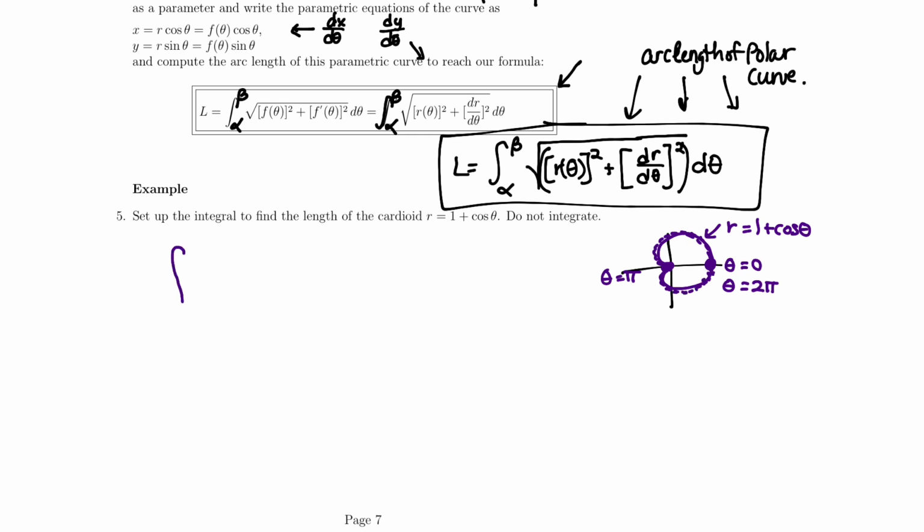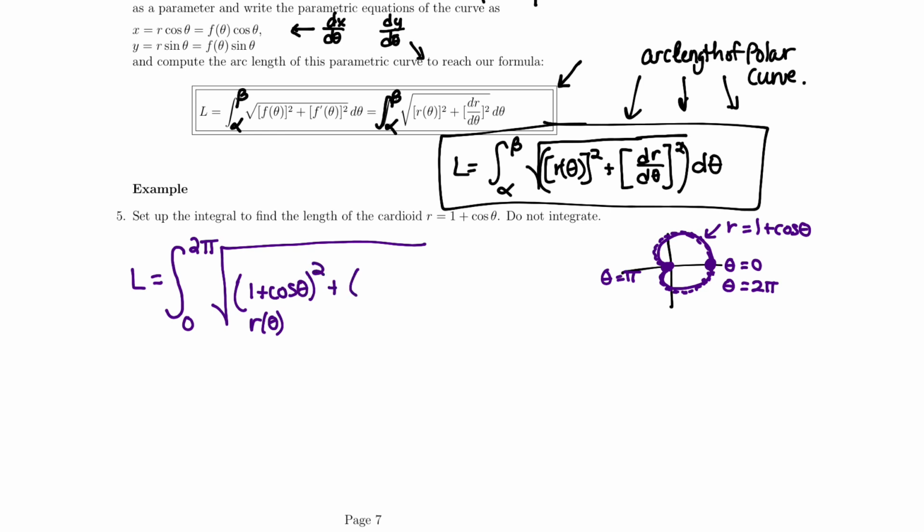So to go the entire length of that curve, we're going to go 0 to 2 pi, right? And then we're going to put into it the square root of our function, which is going to be 1 plus cosine theta, squared. And then we're going to put our derivative, which is dr/d theta, the derivative of 1 plus cosine theta.